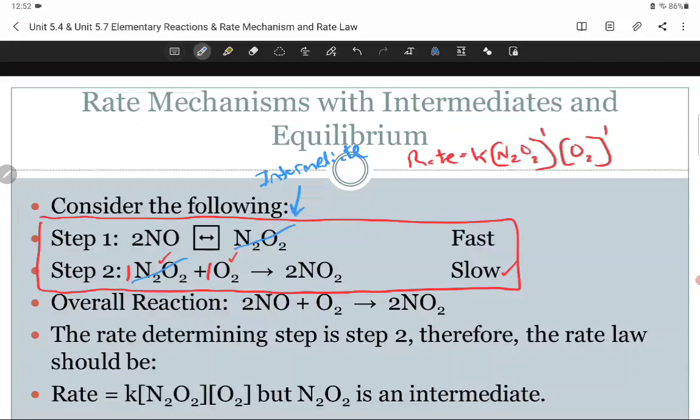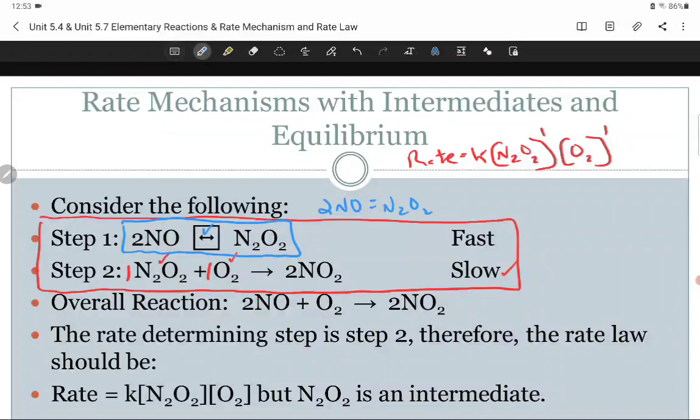So we have to come up with a method that we could somehow still have a rate law that works for us, but doesn't have an intermediate. And with luck here, we were given a special type of reaction. This reaction is an equilibrium reaction. It's a double arrow. Think of it as that.